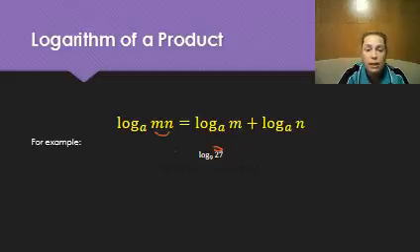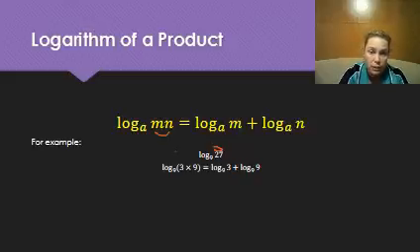And so in this case we're going to say 27 is the same as 3 times 9, so the log of 27 to the base 9 is the log of 3 times 9 to the base 9. So using our rule we can say this is the same as the log of 3 to the base 9 plus the log of 9 to the base 9. Now we know that 3 is actually the square root of 9. So 9 to the power of a half is equal to 3.